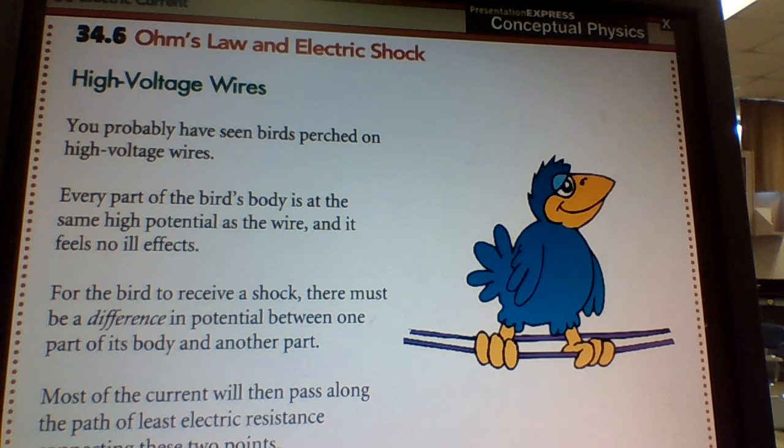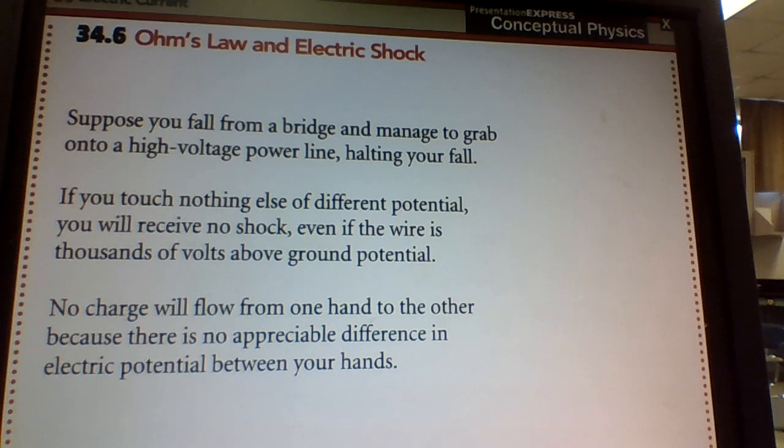Where these birds run into problems is on some of these high voltage power lines. They will touch the wire and then they touch the power pole. That happens and you've got bird fricassee. He's fried, he's done, because now the pole is at a different potential than the wire, and current is definitely going to flow at that point.